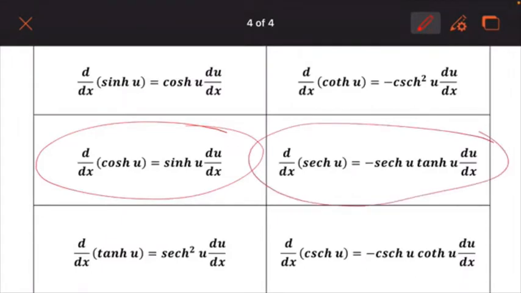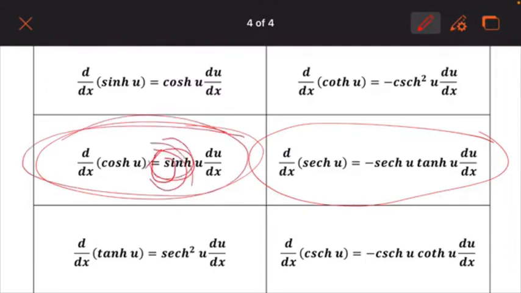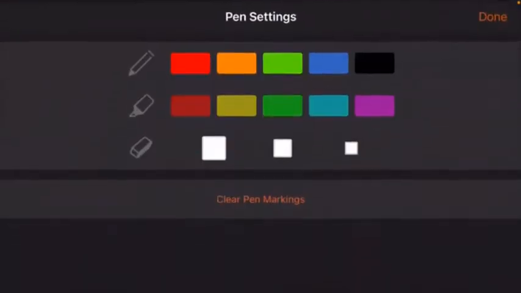The derivative of hyperbolic cosine of u with respect to x is equal to hyperbolic sine of u times du over dx. Notice its difference with the derivative of the trigonometric function cosine is the negative sign. The derivative of cosine in the trigonometric function is negative, but in the hyperbolic function it's positive.